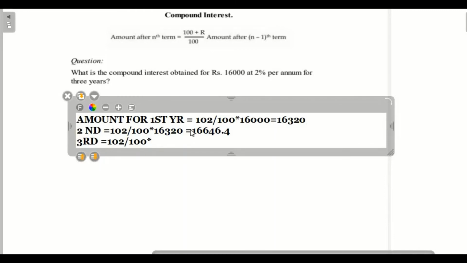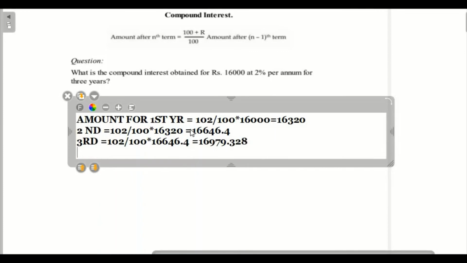We have to calculate with this. So 16,646.4 equal to, he gets an amount of 16,979.328.